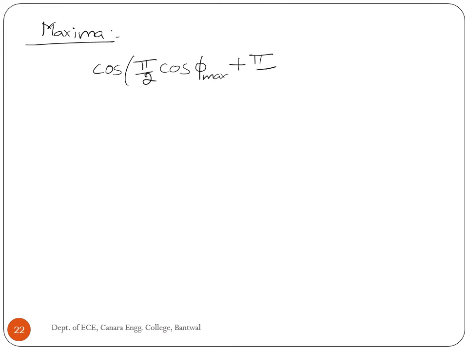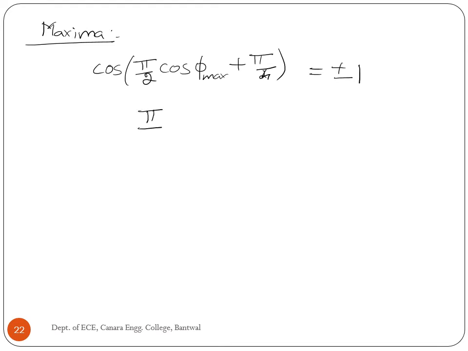To draw the field pattern, we need to know maxima, minima and half power point directions. To find out the maxima direction, the E normalized equation cos of (pi by 2 cos phi plus pi by 4) should be equated with plus or minus 1.